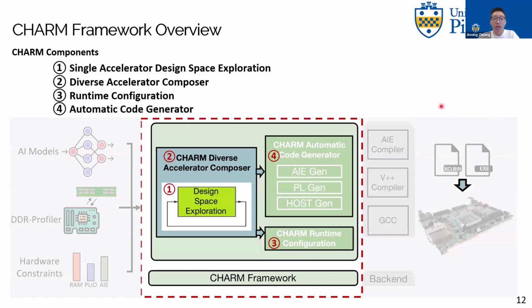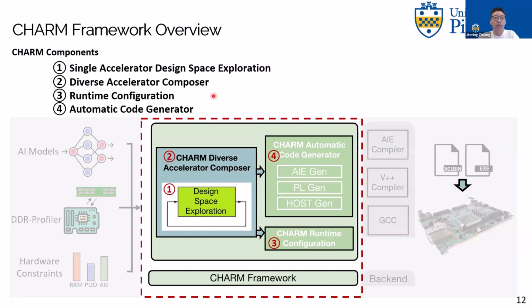The main part of CHARM consists of 4 components, including the single accelerator design space exploration, the diverse accelerator composer, the runtime configuration, and the automatic code generator. When composing several accelerators together, the composer will sequentially launch the single accelerator DSE to find the hardware configuration for each accelerator.